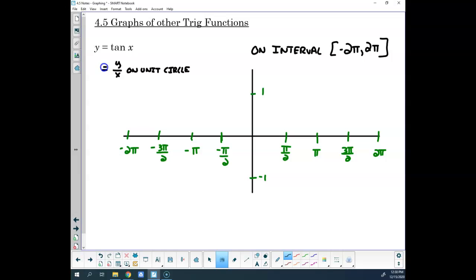In general, though, what is tangent? Other than opposite over adjacent, what's another way of saying tangent?